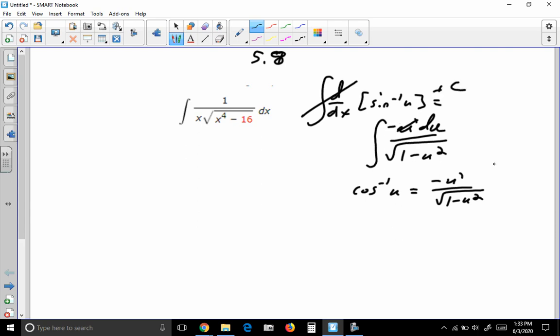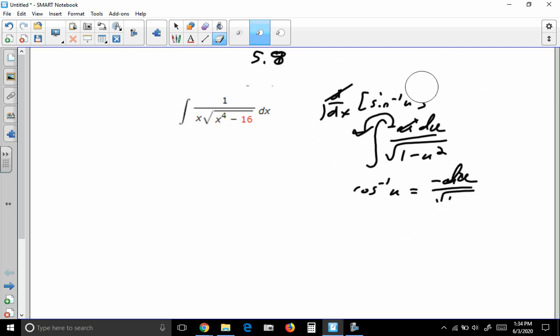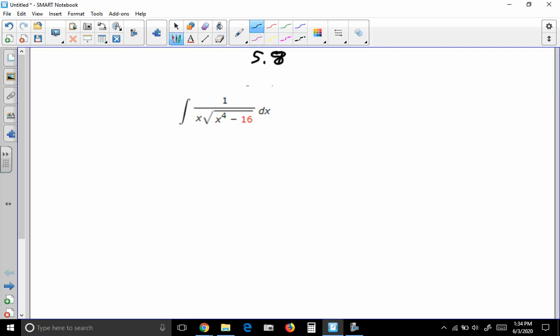If we were to have a negative there, instead of having a whole other formula that integrates into inverse cosine, we could just pull that negative out front. If that negative is just a coefficient that we can put out front, there's no need to have one formula that integrates into inverse sine and one that goes into inverse cosine. We can basically combine those. The same thing holds true for tangent, cotangent, secant, cosecant.